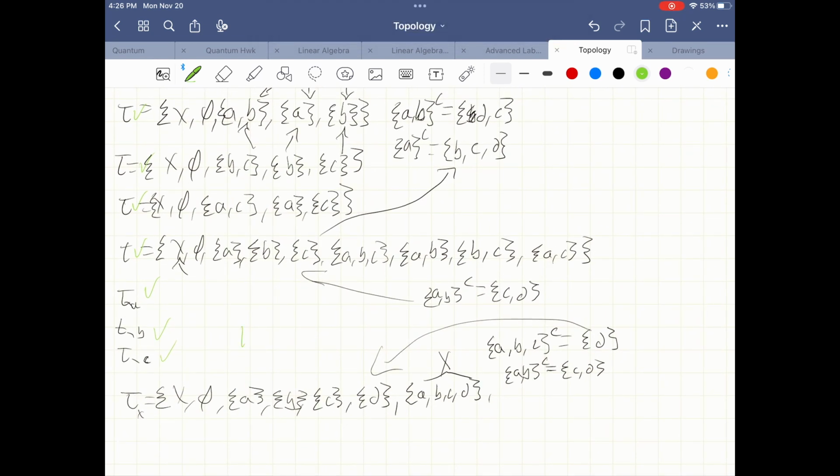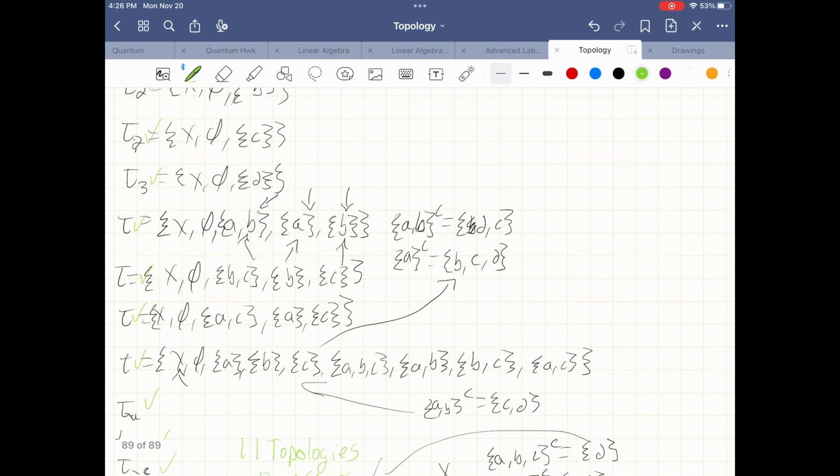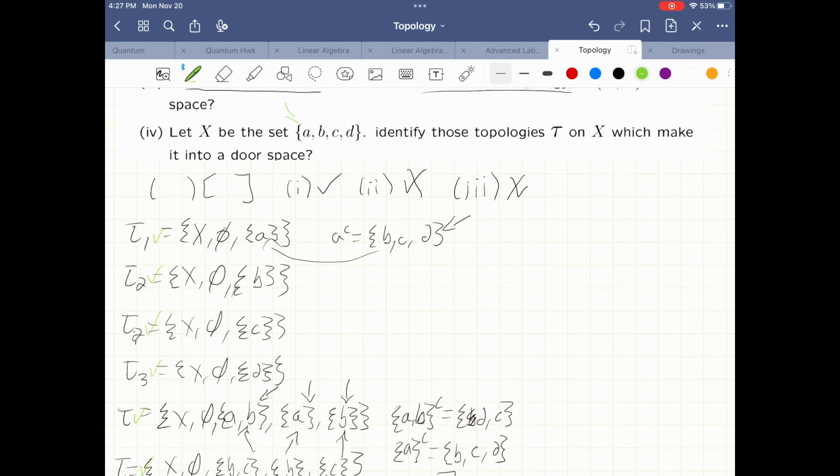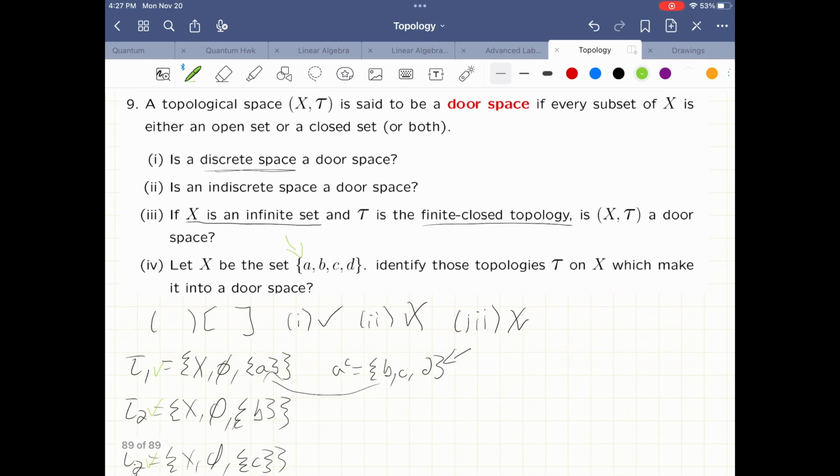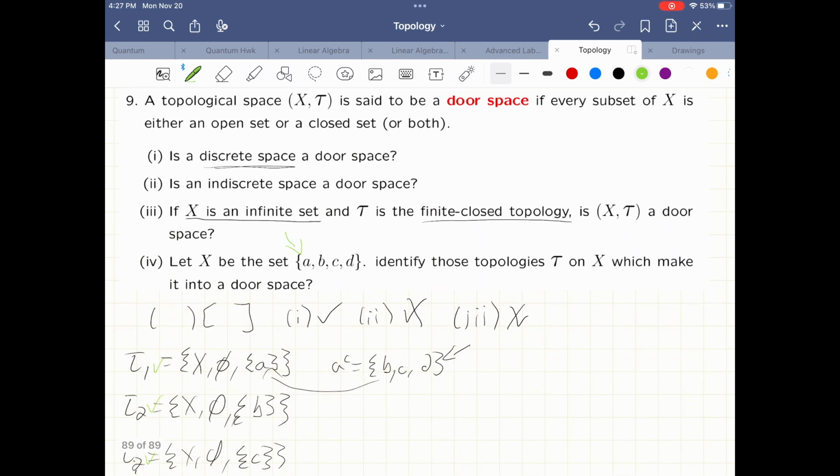We have a total of 11 topologies that are door spaces with this particular X. And that is the last question of our problem.